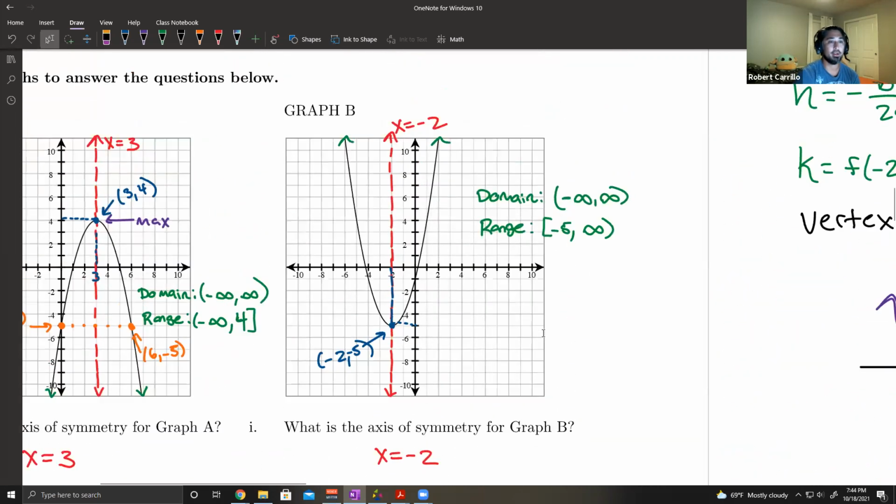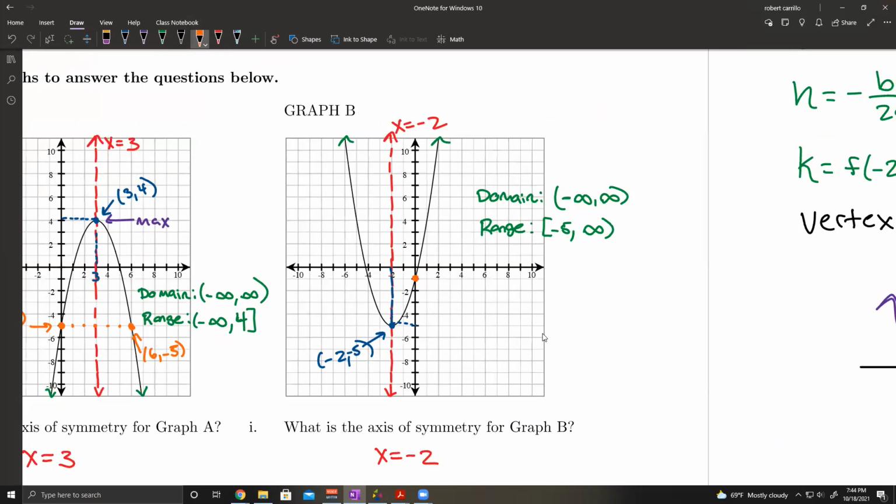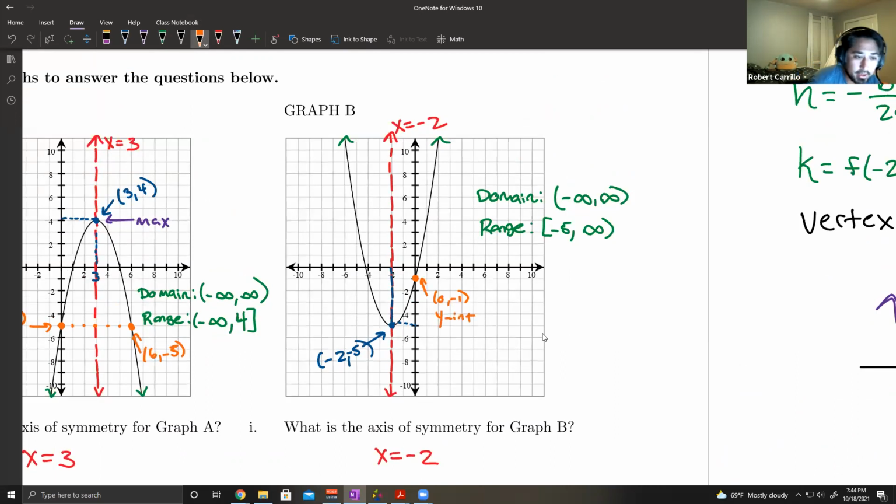Okay. And then what's the next question? Y-intercept. Good. Where's our Y-intercept at? I'd say -1. Perfect. 0, -1. And that's our Y-intercept. And the next question says, how is this point -4, -1 related? What do you guys think? Are they the same distance from the axis of symmetry?